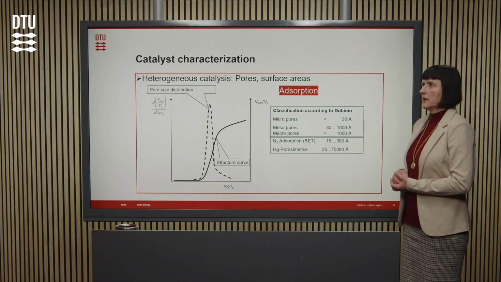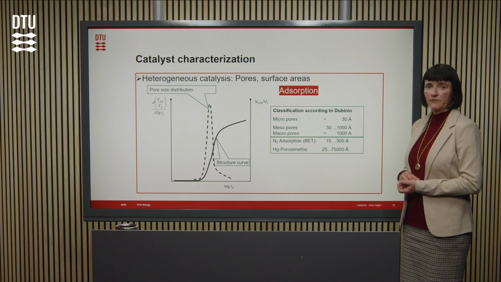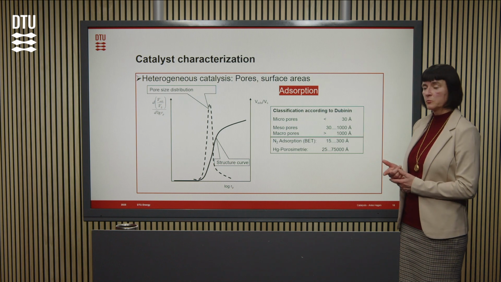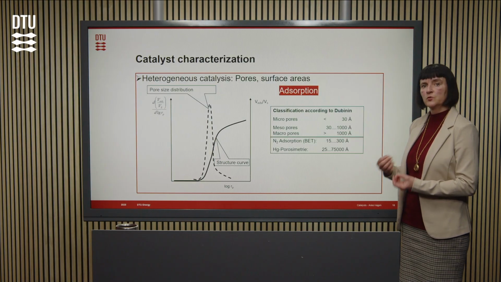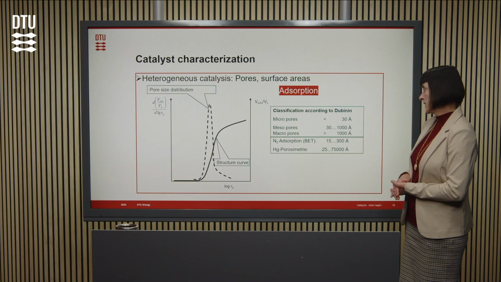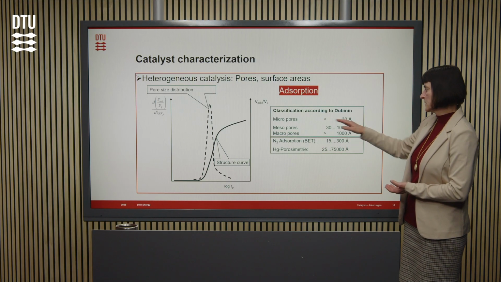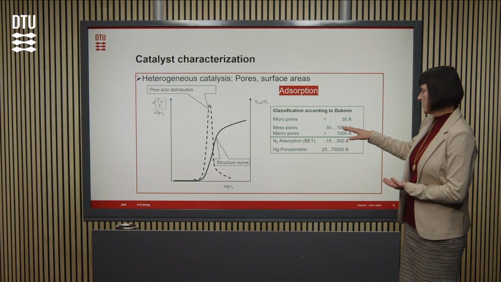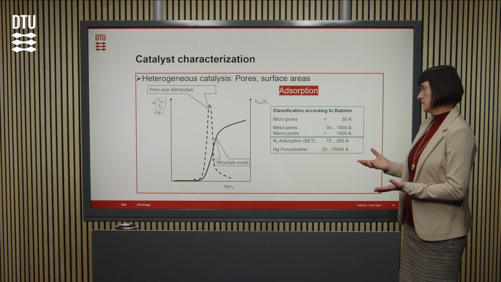As shown before, the pores and channels can have a very diverse size magnitude, from micropores to macropores. And for each range, you have a certain probe molecule that is good to characterize these pores. We distinguish between micropores, which are below 30 angstroms, then mesopores, and macropores, which are bigger than 1,000 angstroms.